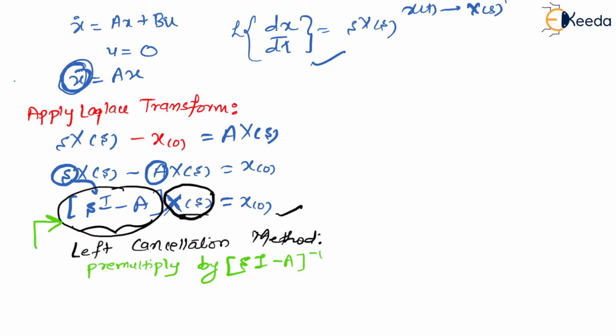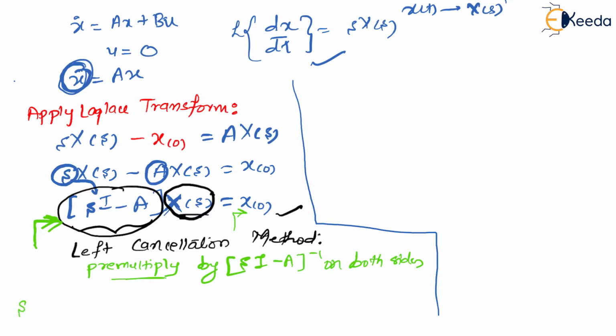When I pre-multiply on the LHS, at the same time I have to pre-multiply on the RHS as well, such that the effect is cancelled. Doing it on both sides is very important. So definitely you will be pre-multiplying by (sI minus A) inverse. And what do you have here?